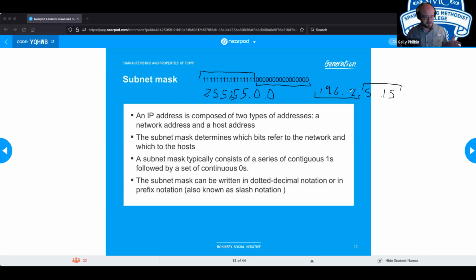Does that make sense? So if you think about the city as the network, it has to get to the right city first, and then we have to find the right house address in that city. So your network would be the city. The host would be the individual house address in that city.